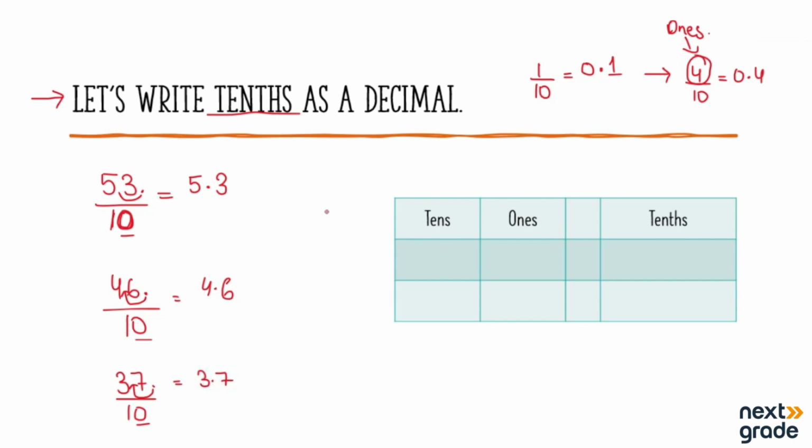Okay, what if there is a number like this: 539, and it's still divided by 10.